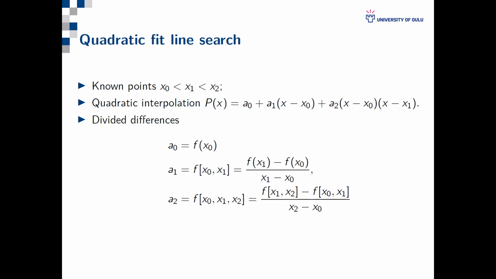And then the constant a2 is the second order divided difference of the function with respect to the points x0, x1, and x2, and it is somehow an approximation of the second derivative of the function f. And this can be computed even if we don't know anything about the smoothness of the function f. So we force the function to become smooth.